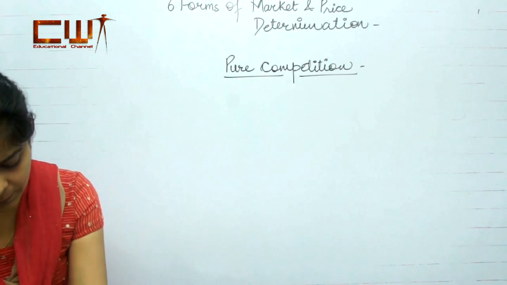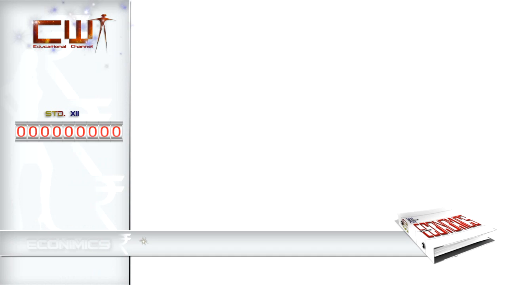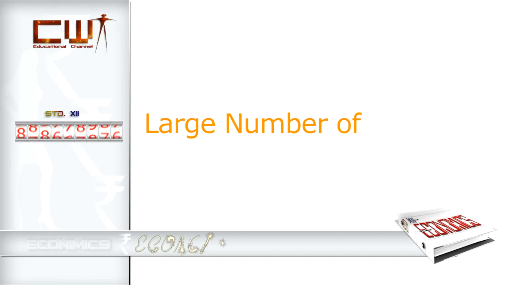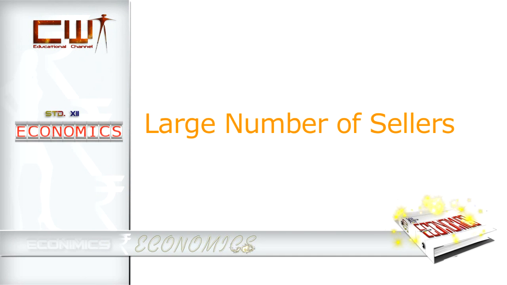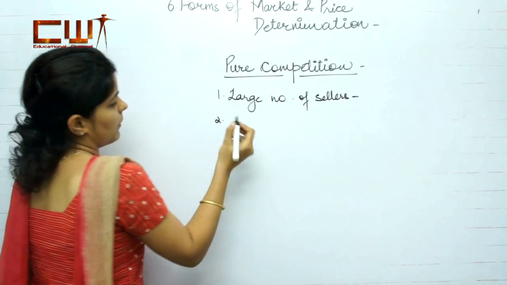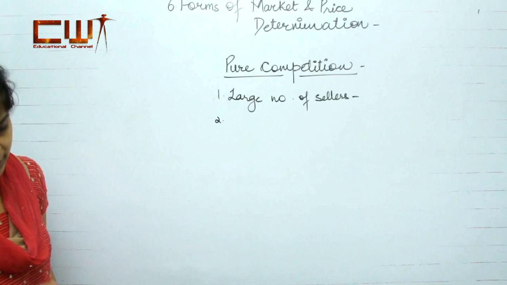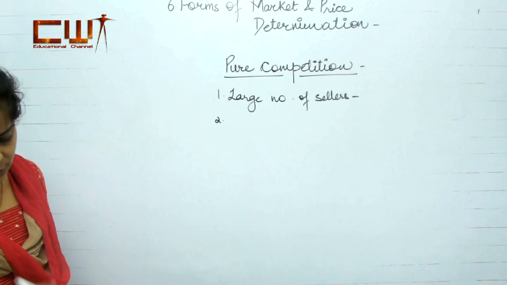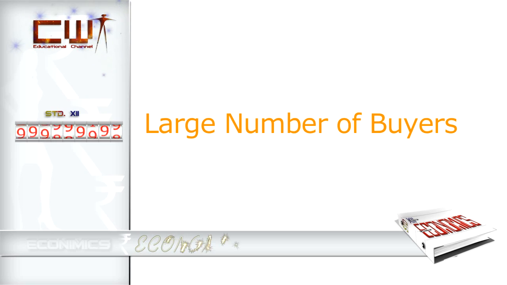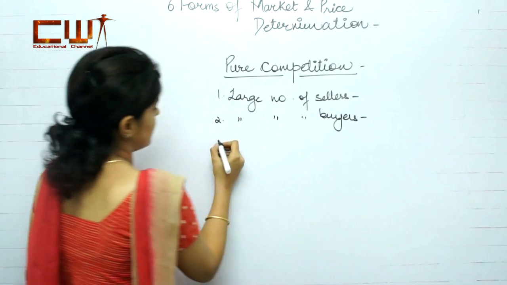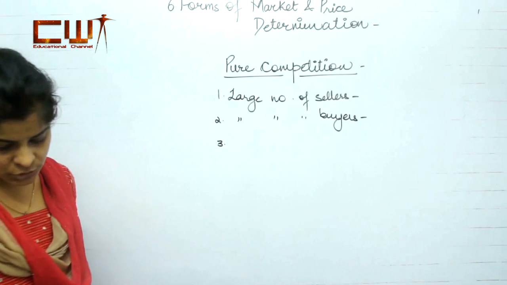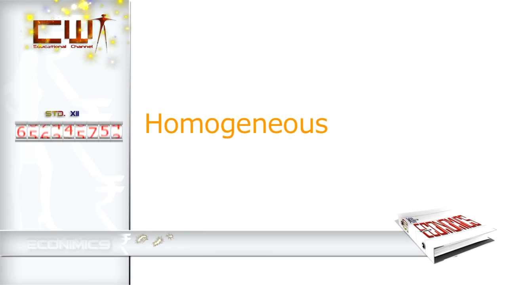Again, I'll tell you the features. First, you have a large number of sellers, the same as in perfect competition, and nobody can influence the supply. Then a large number of buyers, the same feature as in perfect competition. Next is homogeneous product.